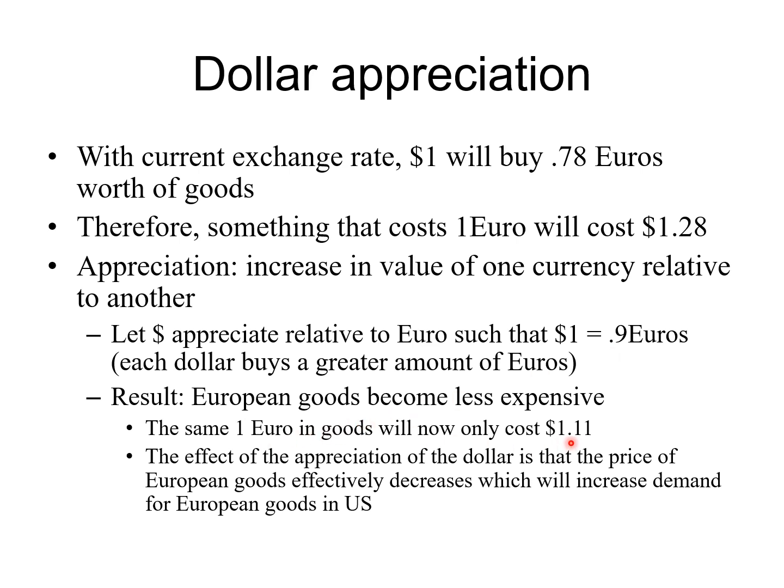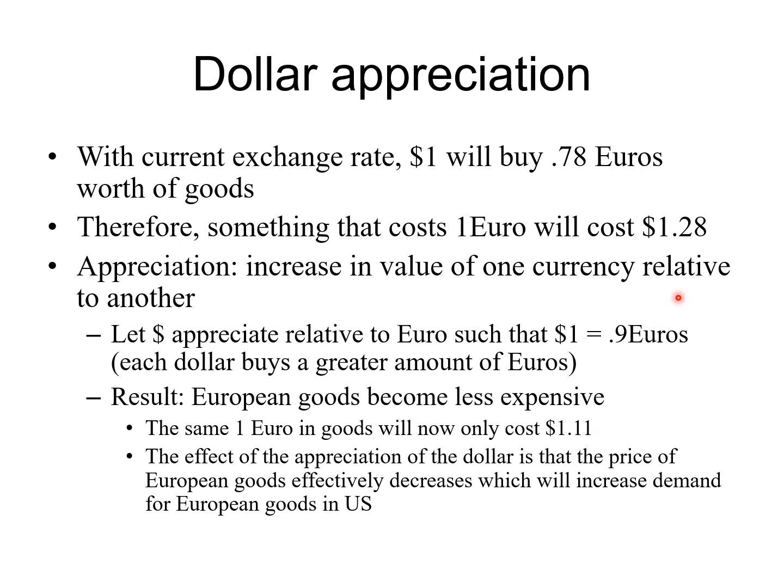So for example, an American importer of European goods, instead of having to pay $1.28 for every euro, would now only have to pay $1.11. The effect of the appreciation of the dollar is therefore that European goods become relatively less expensive.